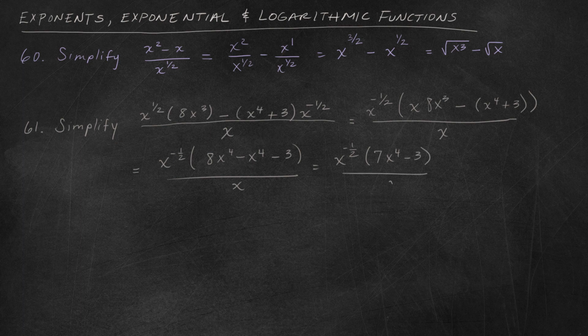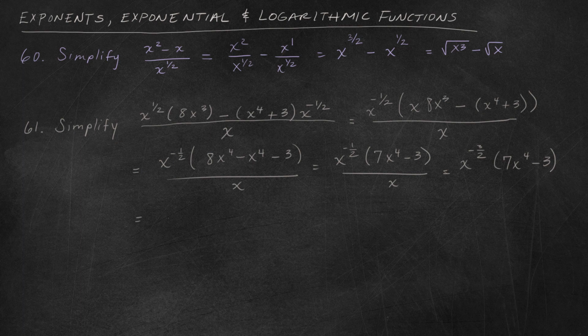So I have 7x to the 4th minus 3. This is over x. Now I'm going to simplify the x to the negative 1/2 in the numerator divided by the x in the denominator. So I'm going to subtract exponents. It's negative 1/2 minus 1 gives me x to the negative 3/2 times 7x to the 4th minus 3. And then finally I'm going to multiply this back out.